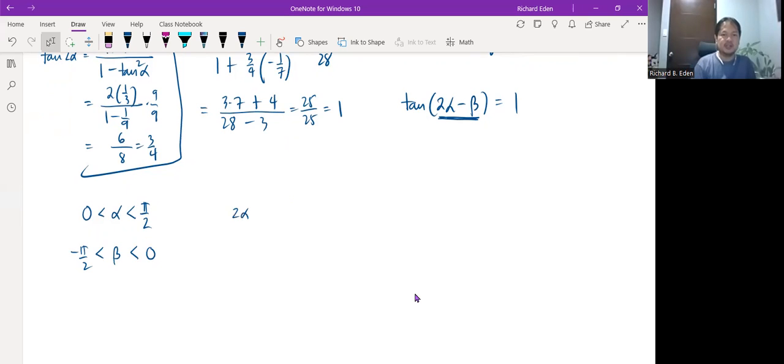2 alpha is between 0 and pi. On the other hand, negative beta will be greater than 0 and less than pi over 2. Therefore, 2 alpha minus beta is greater than 0 and less than pi plus pi over 2, which is 3 pi over 2.